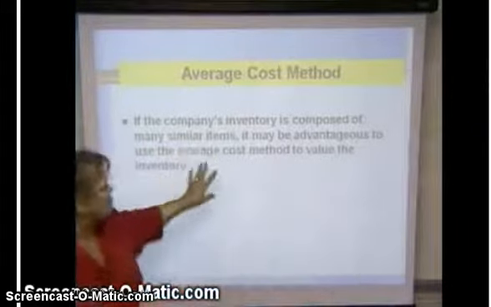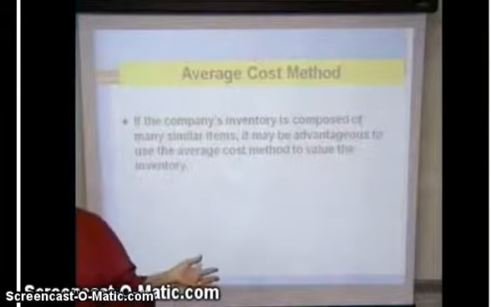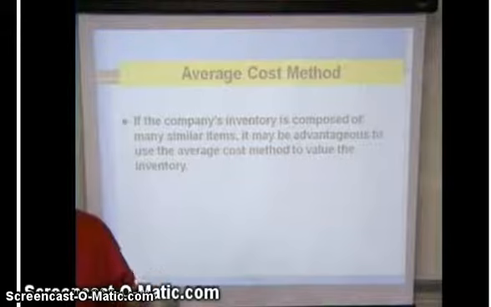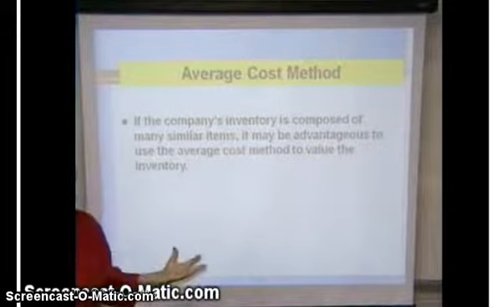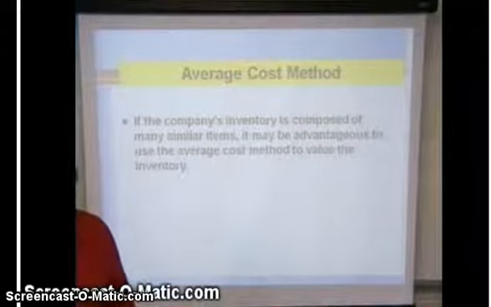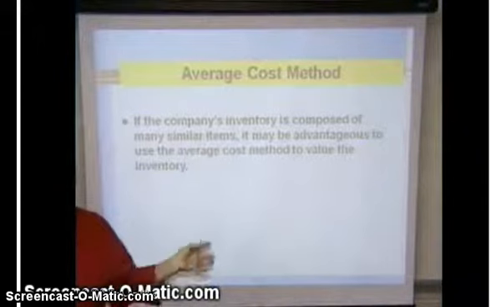It's advantageous for us just to come up with the value using the average cost, because they're all just alike. They're coming off the assembly line, or when we throw them in the inventory box, the ones in the back are no different from the ones in the front, right? Or when we're selling gasoline, the gasoline doesn't mix together as you're filling up the tank.